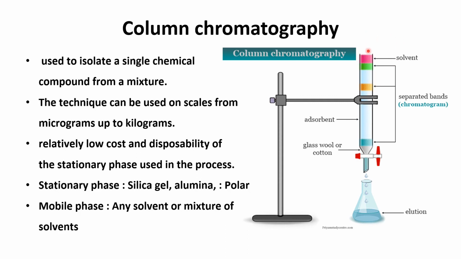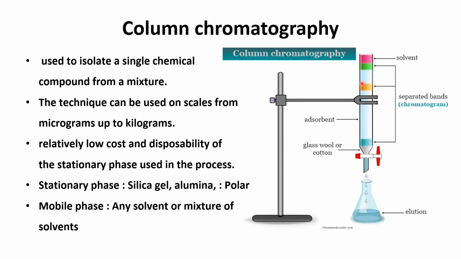When the solvent starts moving in the column, the reaction mixture starts separating depending on the polarity. So if the adsorbent, which is the stationary phase, is polar, the component of the mixture which is most polar will be moving slowest, and the one which is the least polar will be moving fast.